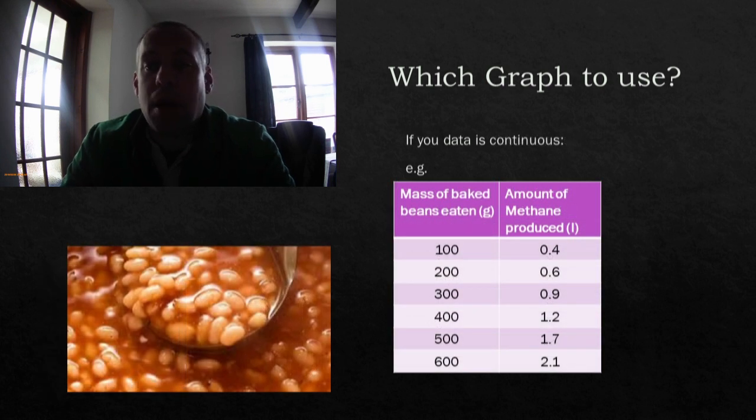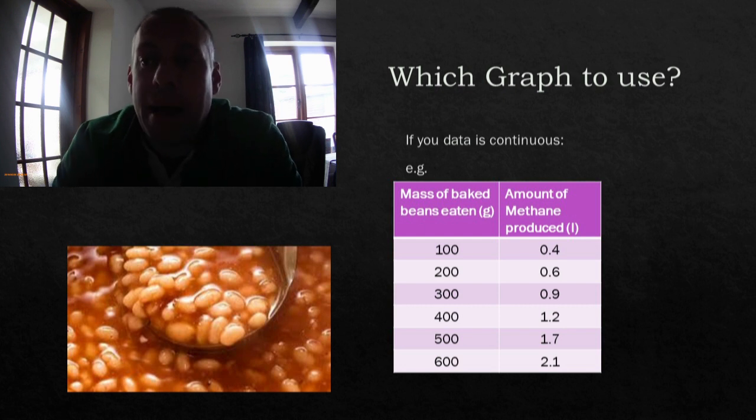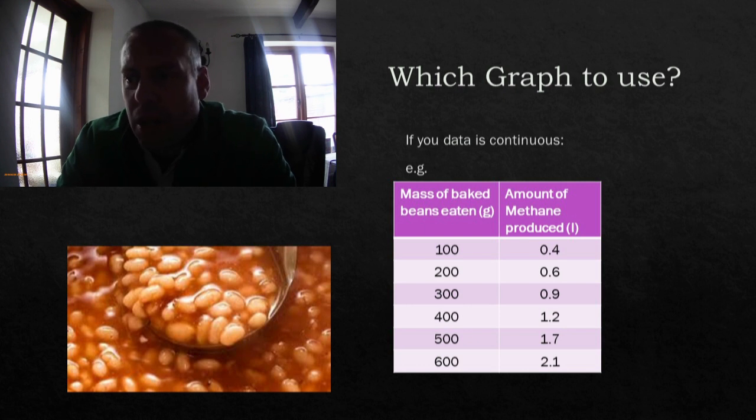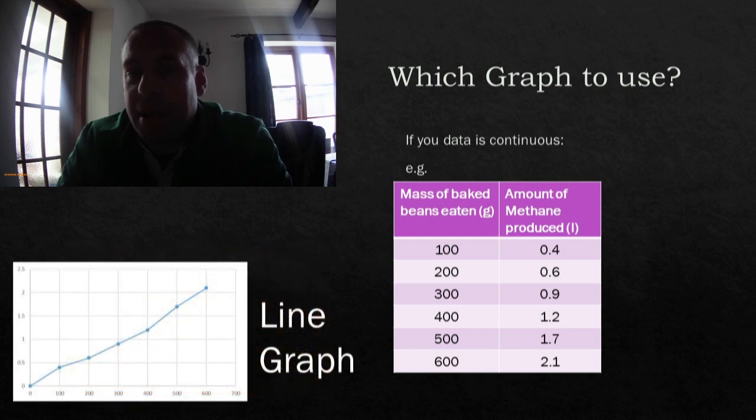The line graph that I've shown here is one where I've talked about massive baked beans that I might have eaten, followed by the amount of methane that I'll probably produce the next day. So you can see a direct link there. 100 grams of baked beans equates to 0.4 litres of methane. Completely made up results, but you get the idea.